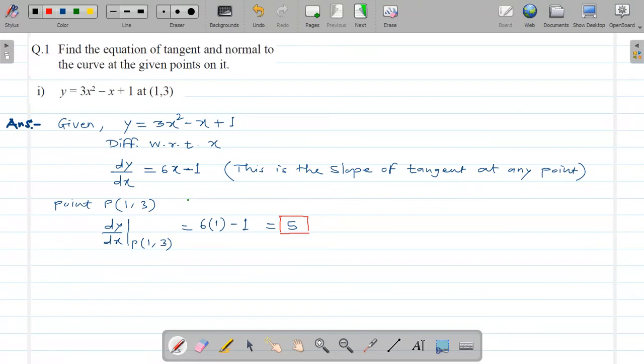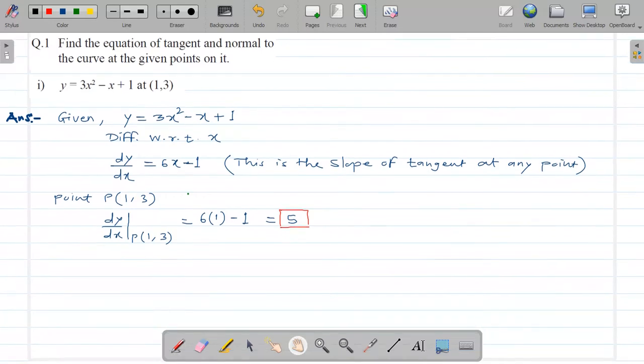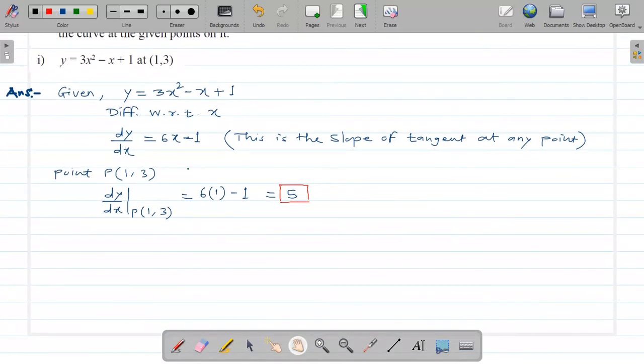Now simultaneously we will find out the slope of normal also, as we know that normal is perpendicular to the tangent. So as I will write here in detail, as normal is perpendicular to the tangent, hence we will get the slope of normal.